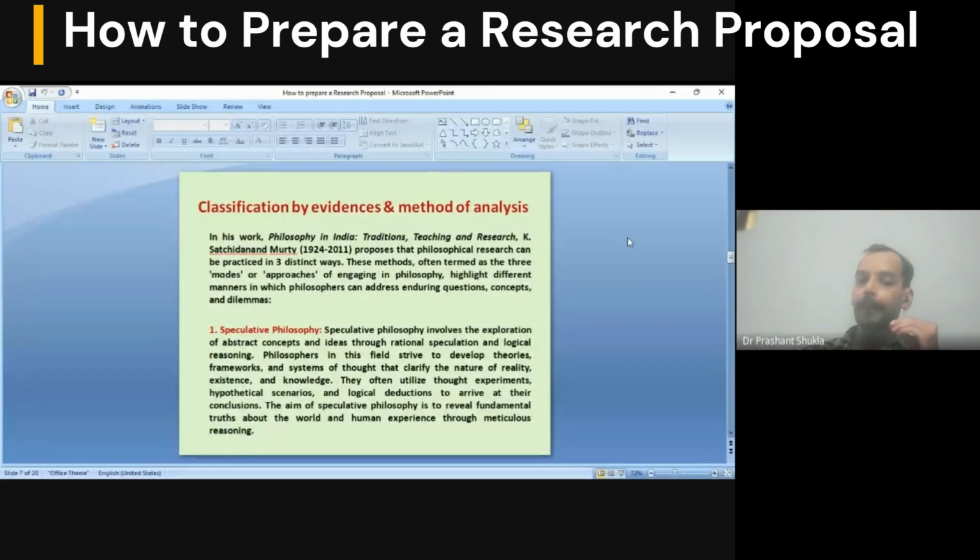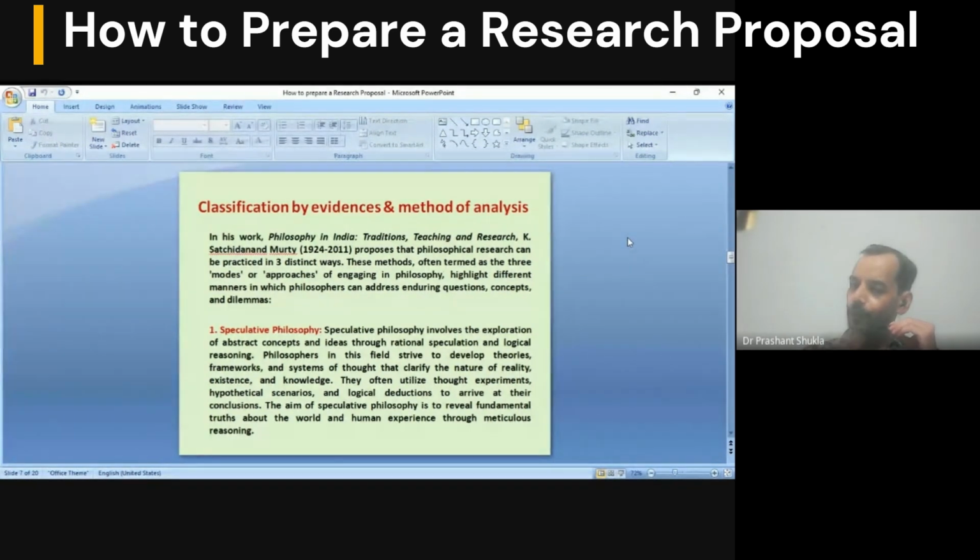That is not the method, but methodology here. And I quote none other than the most esteemed Professor K. Sachidanand Murthy. So in his famous work, Philosophy in India: Traditions, Teaching and Research, a very good book, easily available on Amazon.